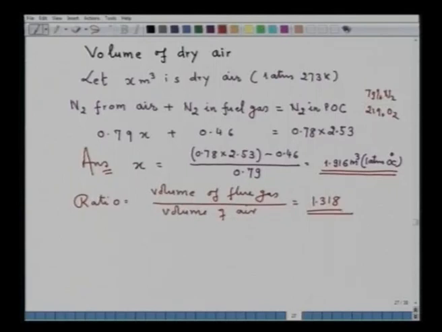Now, next we have to calculate the percentage excess air.